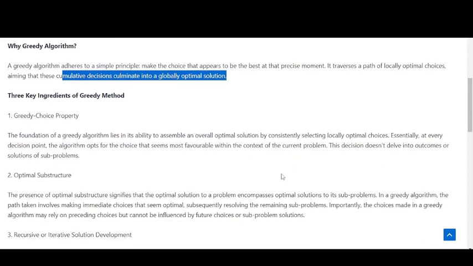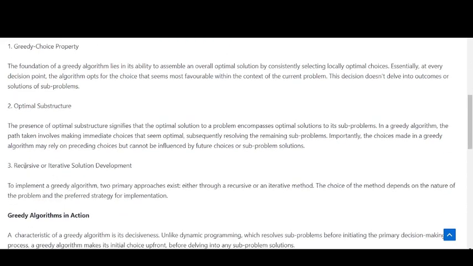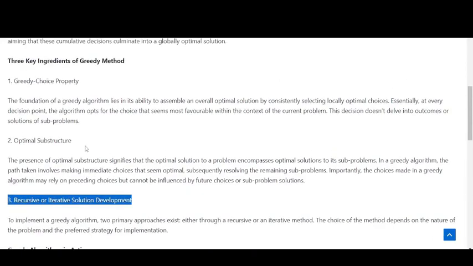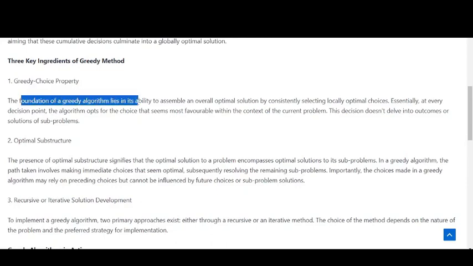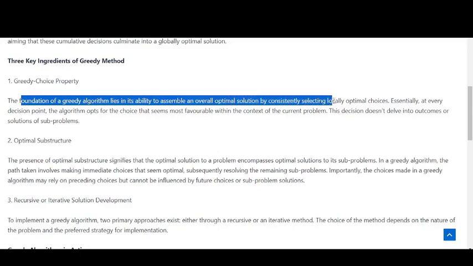What are the three ingredients of the greedy method? One is the greedy choice property, second is the optimal substructure, and third is the recursive or iterative development. The first is the greedy choice property. The foundation of the greedy algorithm lies in the ability to assemble an overall optimal solution by consistently selecting locally optimal choices.